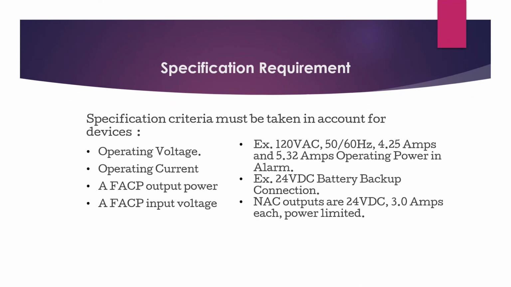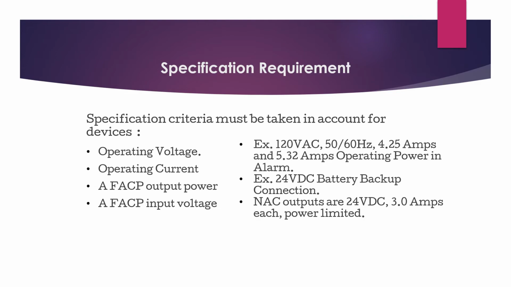So the next thing we're going to talk about here is the specification requirements regarding the devices. As we talked about earlier, understanding the current level for the device that we're going to use.